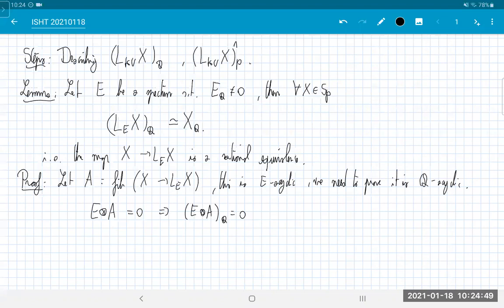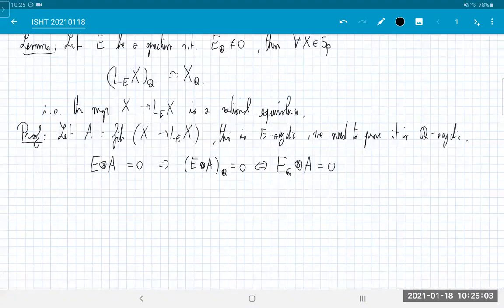So far, so good. But remember, rationalizing is a smashing localization, so that's the same thing as tensoring by E_Q being 0. And E_Q is just a sum of shifted copies of HQ. We had a more canonical description as a sum of shifted Eilenberg–MacLane spectra of the rationalized homotopy groups, but of course that doesn't matter, and that's non-zero by hypothesis.